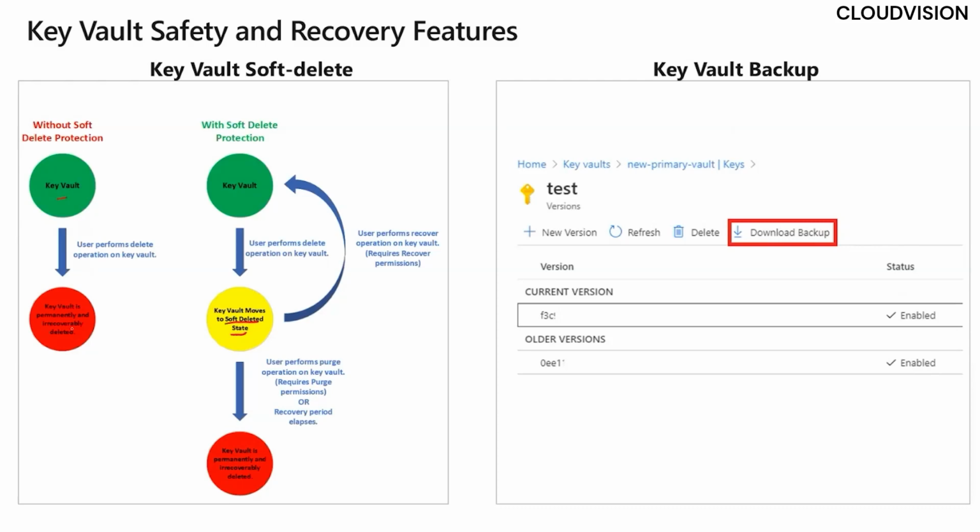It cannot be recovered. You can't get it back once it is deleted. But if your key vault is protected with soft delete, then when the user performs the delete operation, the key vault will be moved to a soft deleted state. That means it's not permanently gone. It's in soft deleted mode.